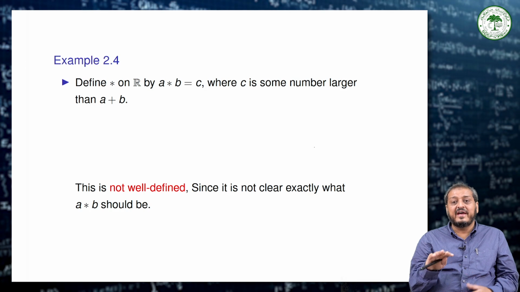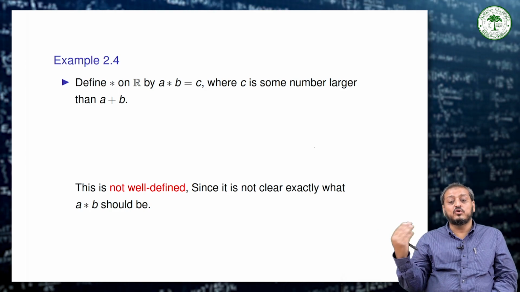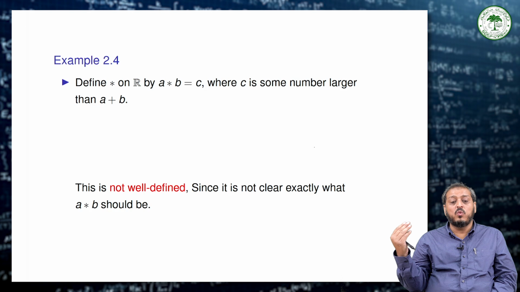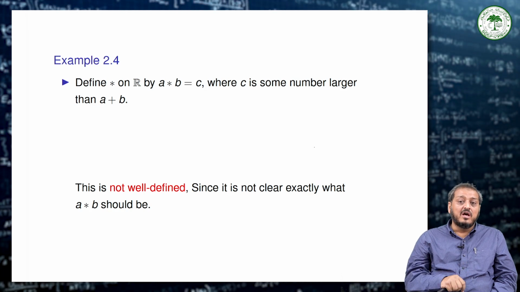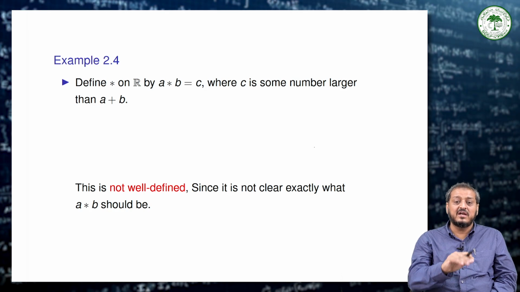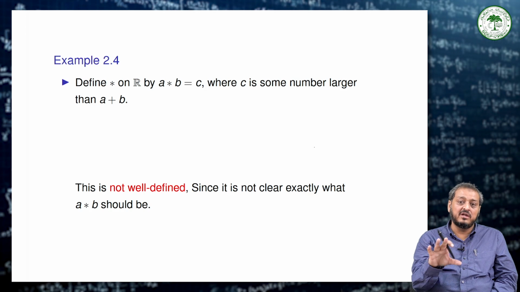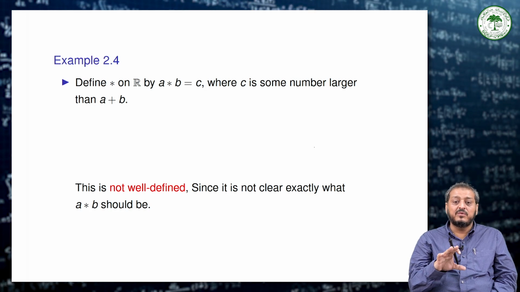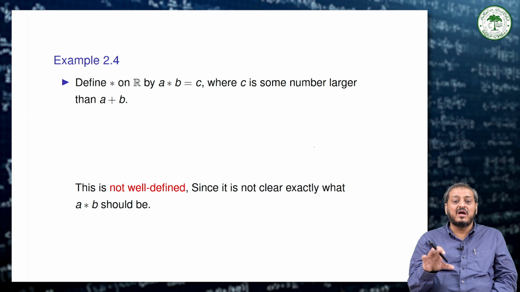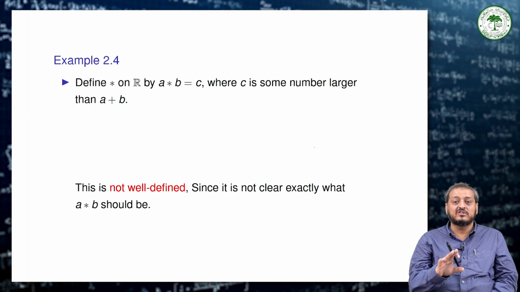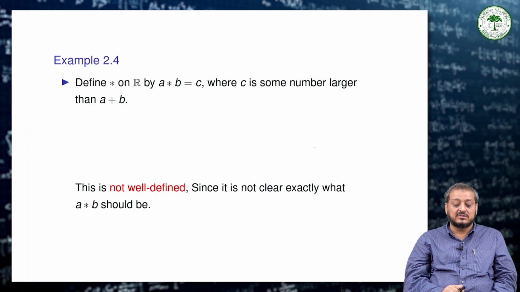It is not clear exactly what a * b should be. So we can simply say that this map is not defined. So a * b = c, where c is some number larger than a + b, is clearly not a binary operation in this case.